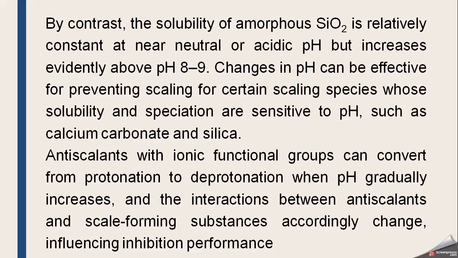The interactions between antiscalant and scale-forming substances accordingly change, influencing the inhibition performance. In short, pH plays a very important role: it affects the dissolving capacity of the ions, and it also affects the performance of the antiscalant.